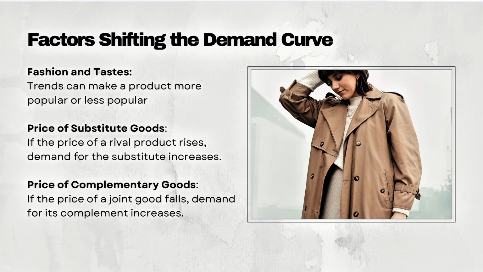Another factor is prices of substitute goods. Substitute goods are goods that have very similar utility. Examples include Coca-Cola and Pepsi, butter and margarine, iPhone and Android phones, Uber and Lyft, Netflix and Disney Plus, and so on and so forth.